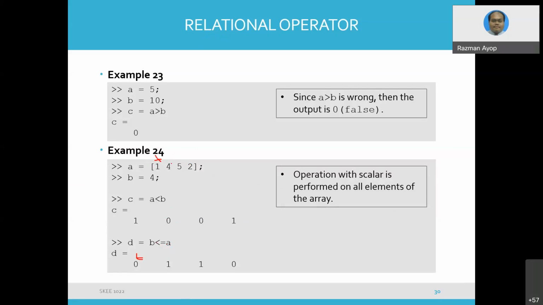Same here, 4 less than or equals to 4 is true. 4 is less than 5, correct. And 4 is less than 2, wrong. That is how you solve this. Make sure you know how to write it in MATLAB, as well as how to solve this manually.